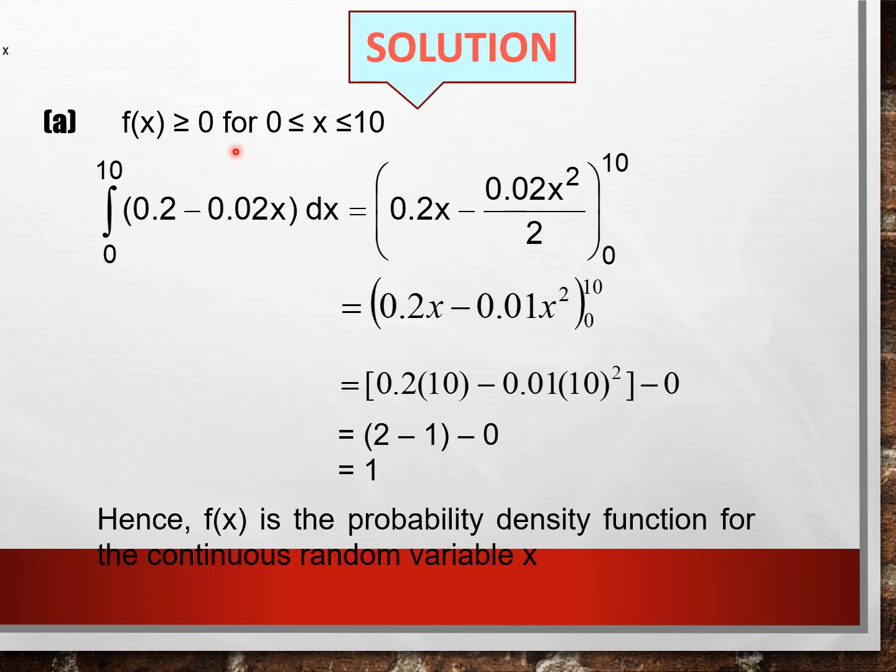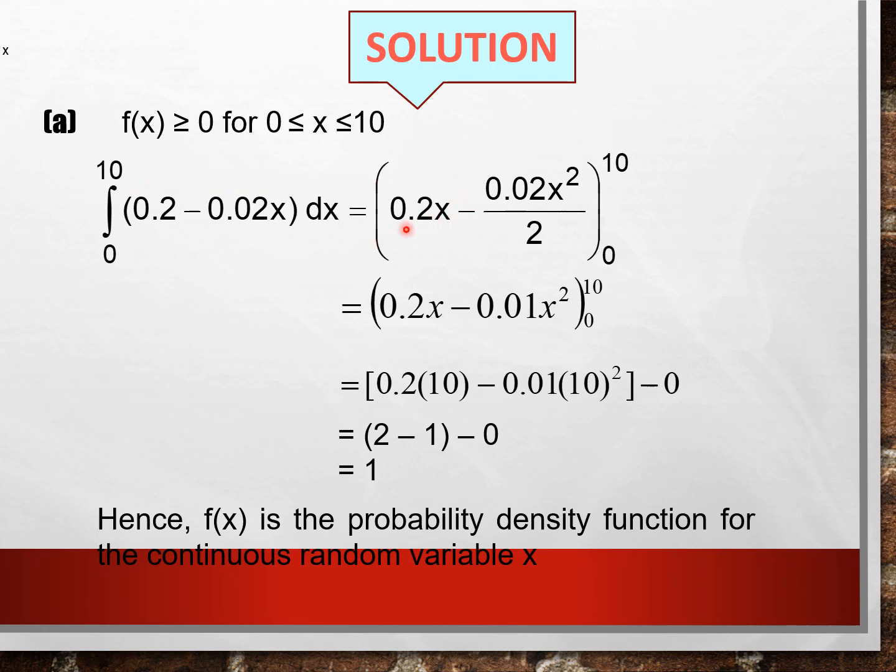So for the first question, we need to show that the integration of f(x) is equal to 1. So what we can do, we integrate our function, which is 0.2 minus 0.02x, from 0 to 10.